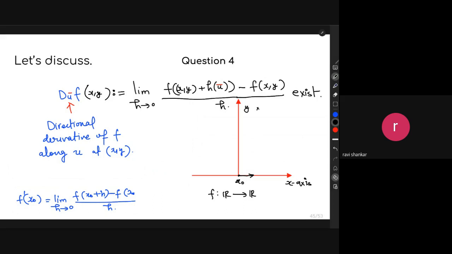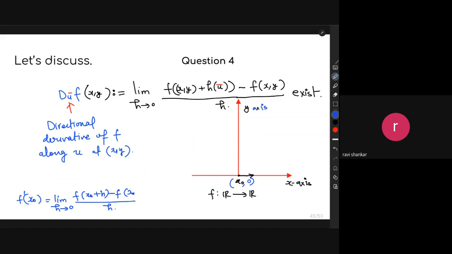Now this point x naught will be x naught comma 0, because it doesn't have any y direction, any vertical direction.